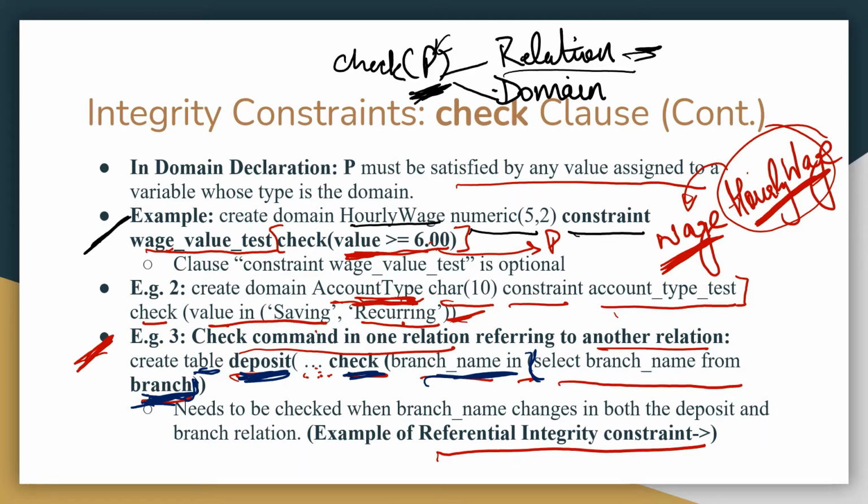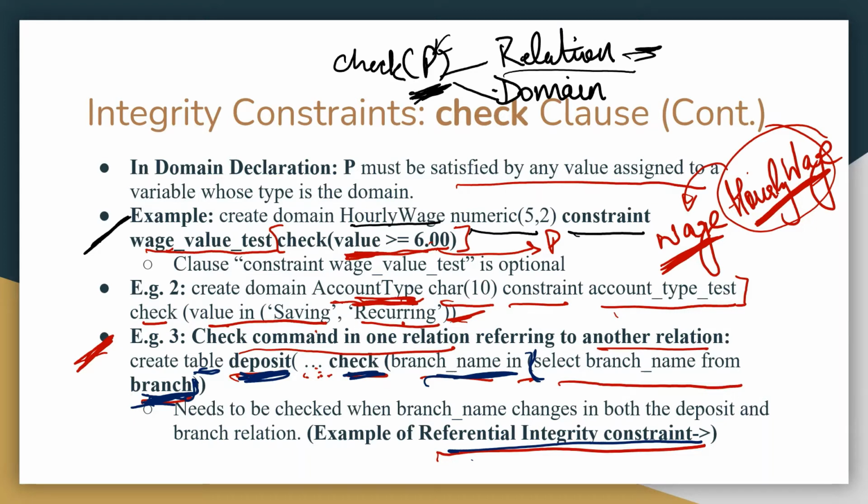And there is where the referential integrity constraint comes into the picture, right? Because what happens in a foreign key constraint, we say that a foreign key can only have values which already exist in the primary key attribute it is referencing, right?